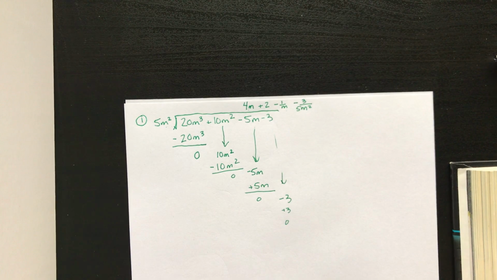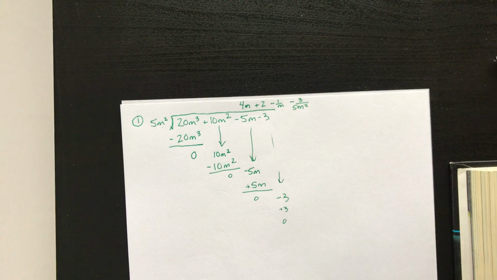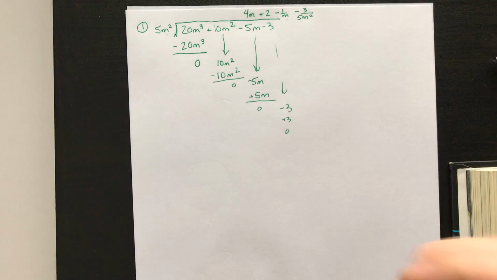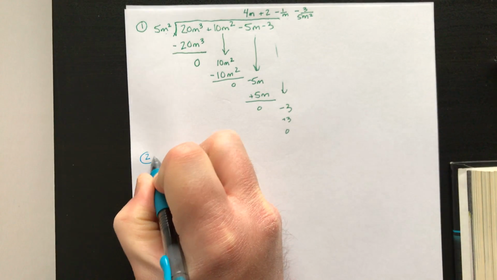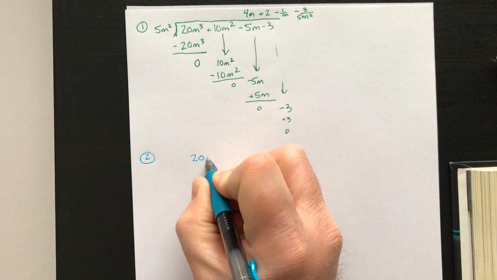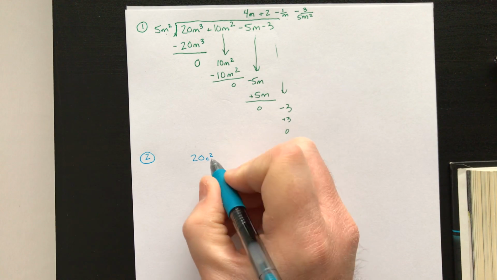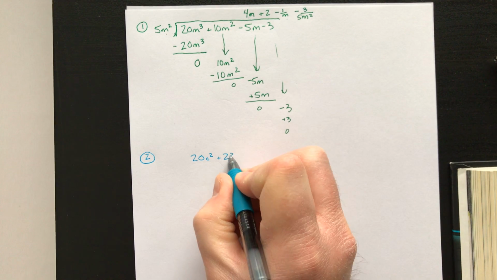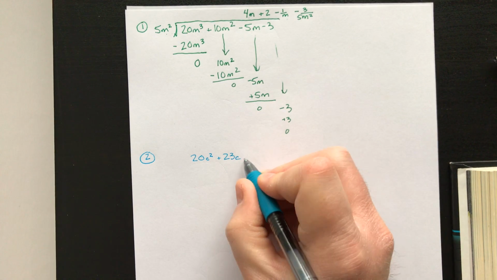Let's do another one. All right, let's do number 2. Once again, this is going to kind of look like long division. So we have 20c squared plus 23c minus 7.